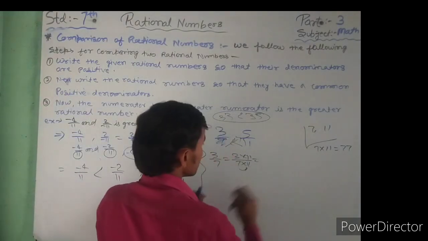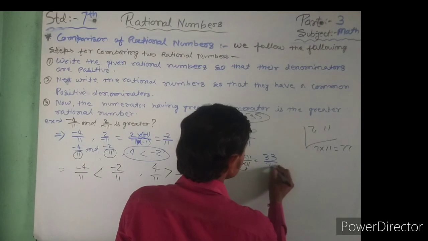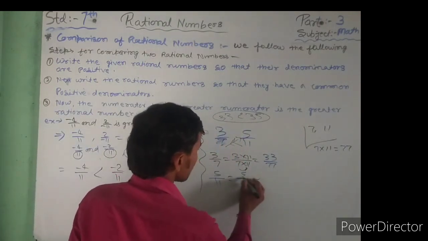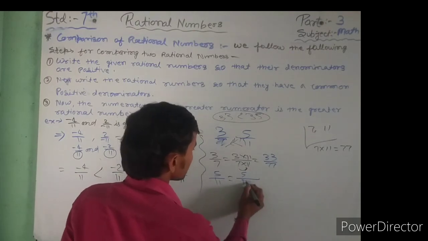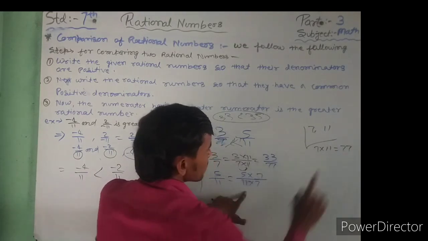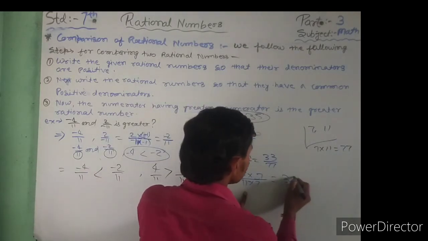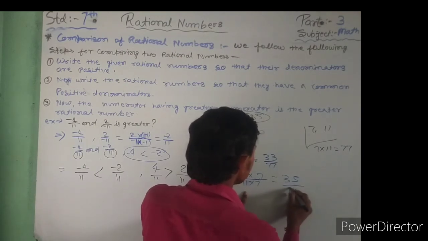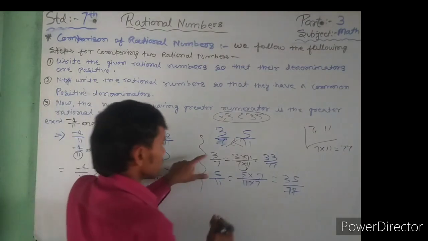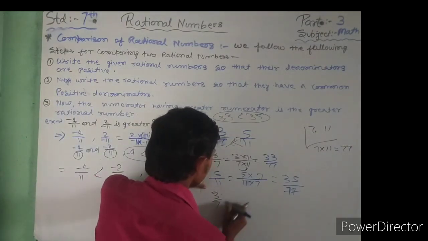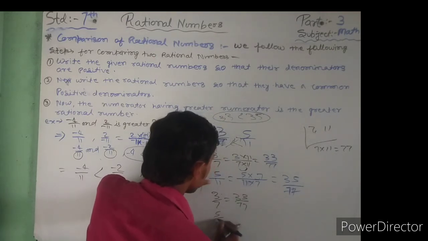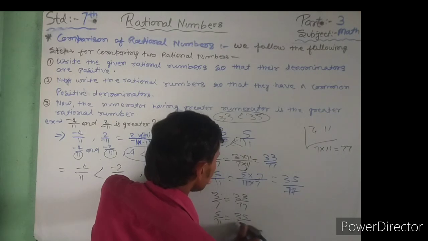So multiply by 11: 11 times 3 is 33, and write 77. Next, 5 by 11, multiply by 7: 7 times 5 is 35 and 11 times 7 is 77. So 3 by 7 is equal to 33 by 77, and 5 by 11 is equal to 35 by 77.